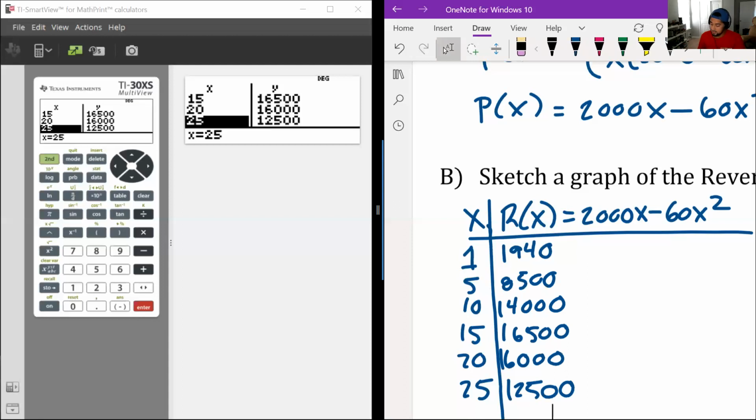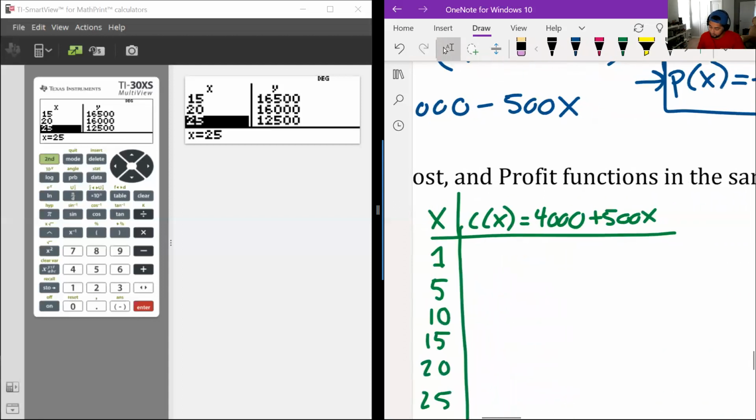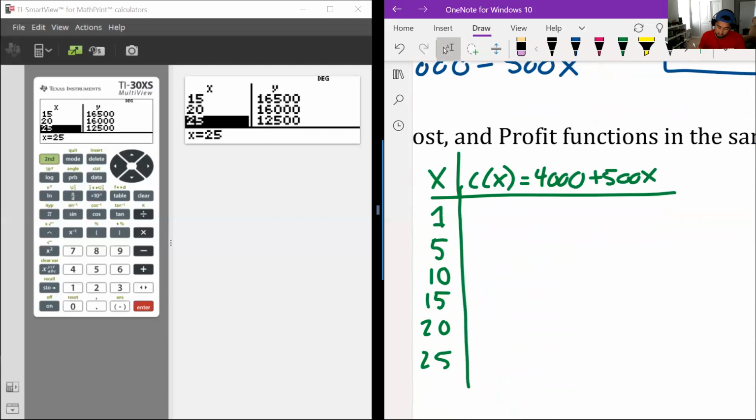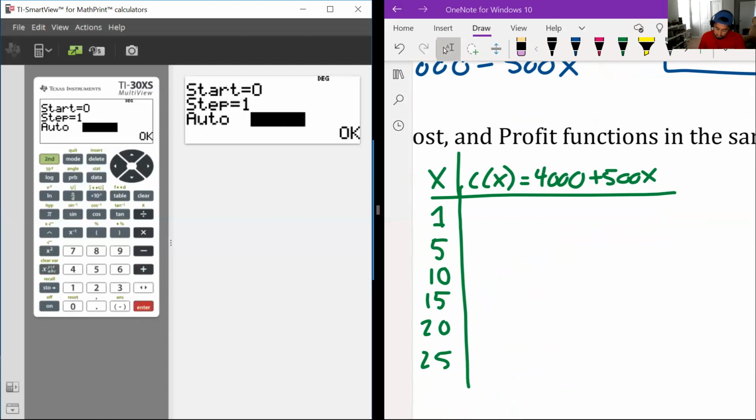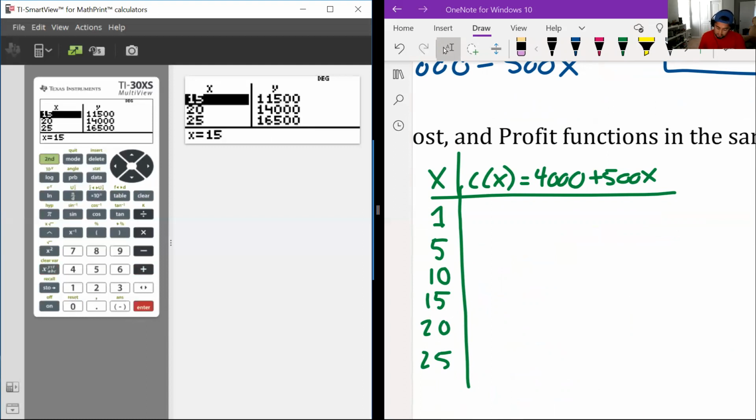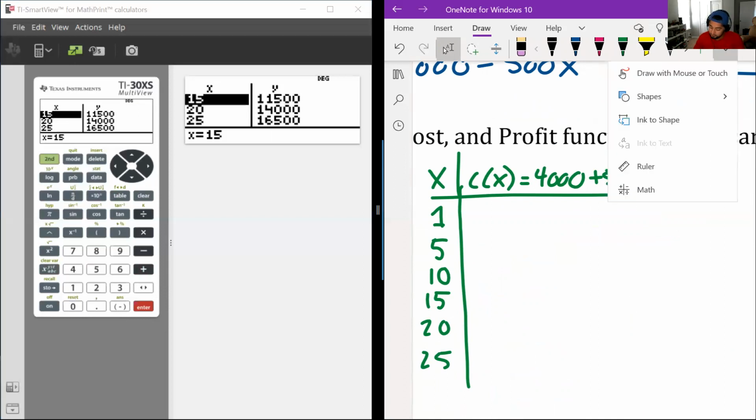All right, not bad. Next one. Cost. Go back to table, clear out that, put in cost, 4,000 plus 500x. And 15, 20, and 25 are there already, so let's fill them in.